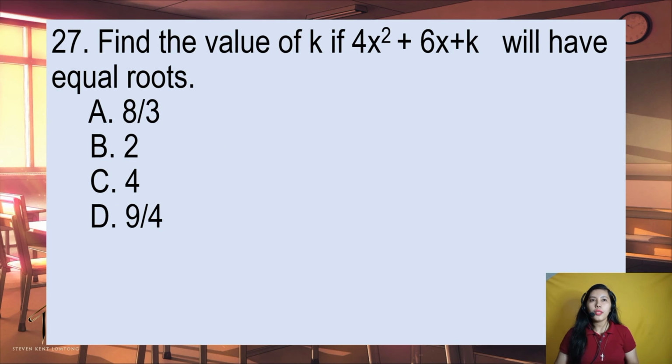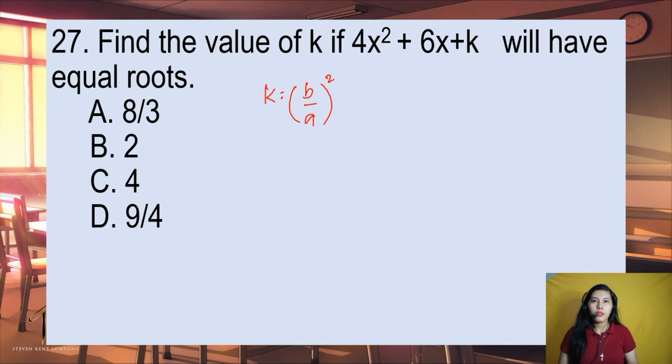Next, find the value of k if 4x squared plus 6x plus k will have equal roots. So, in order for this equation to have equal roots, dapat siya ay perfect square trinomial. So, k natin, that should be equal to b over a quantity squared.